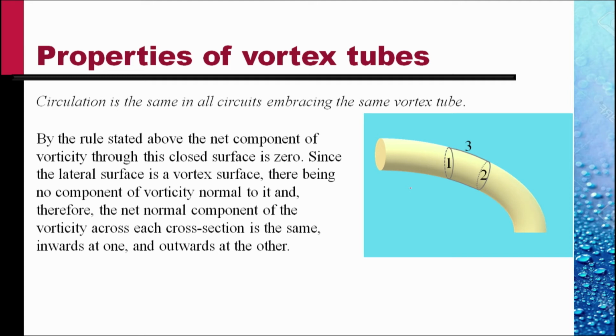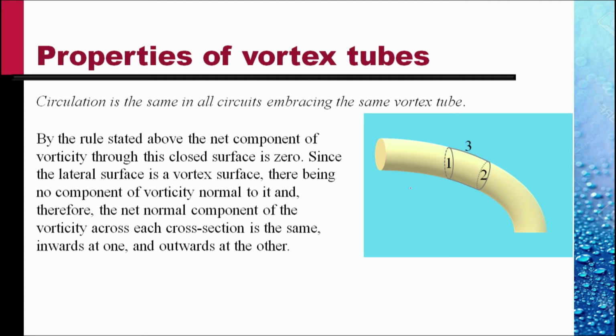The enclosing surface of this volume is broken up into 3 parts: 1 and 2 as the cross sections of the vortex tube, and third is the surface of the vortex tube itself. So surfaces 1, 2 and 3 enclose a part of the vortex tube.